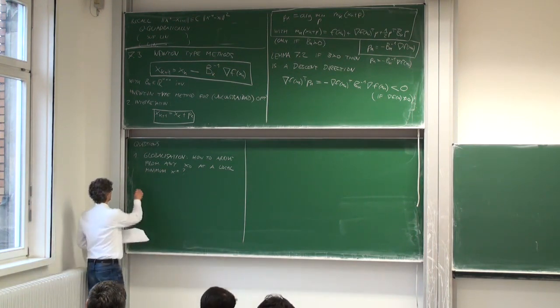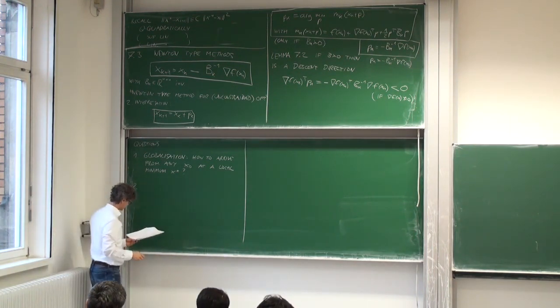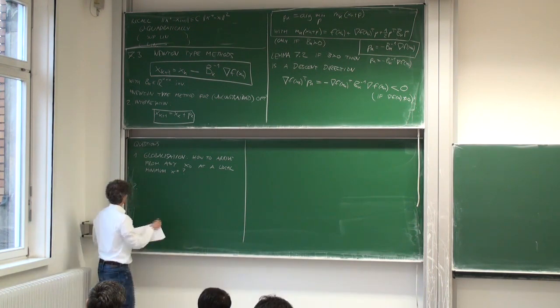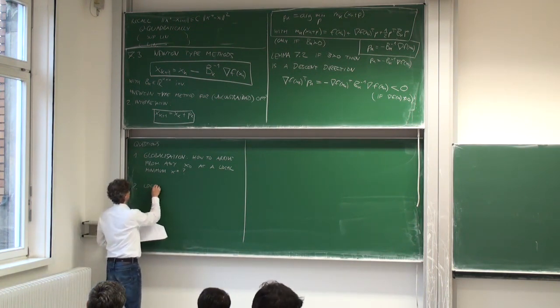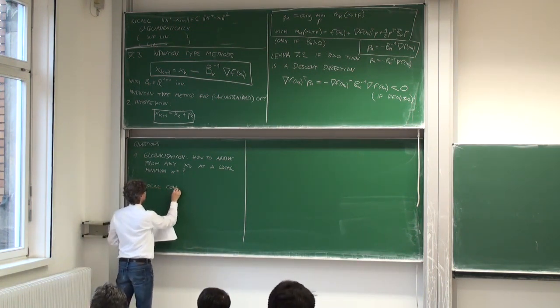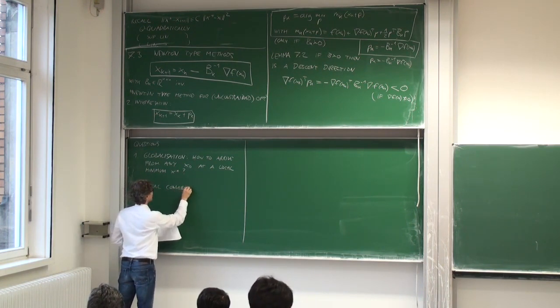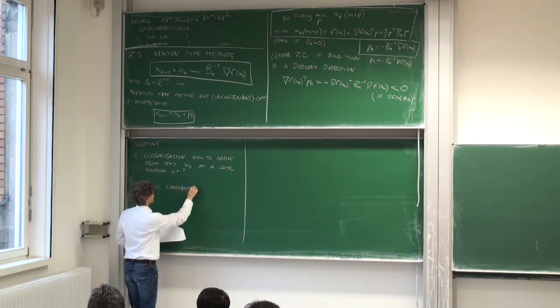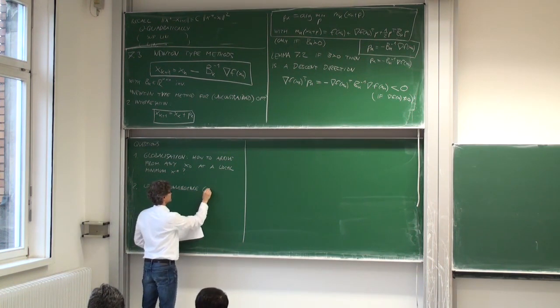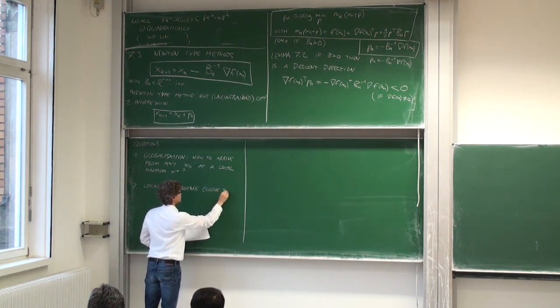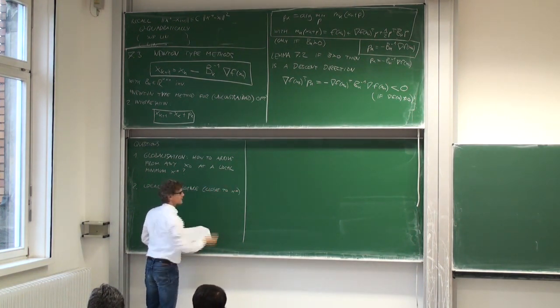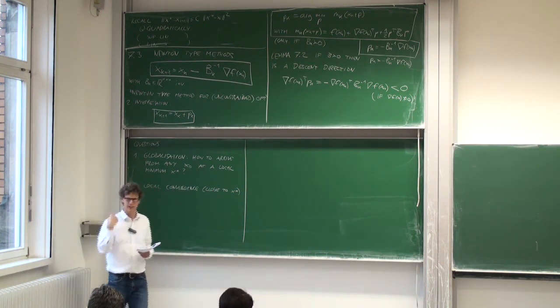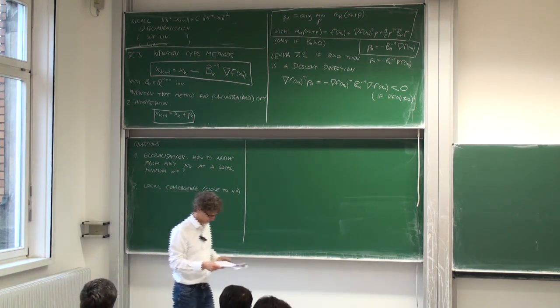Yeah? So the second question is the local convergence, which is, so to say, close to x star. So when you're already close, how fast will you be?